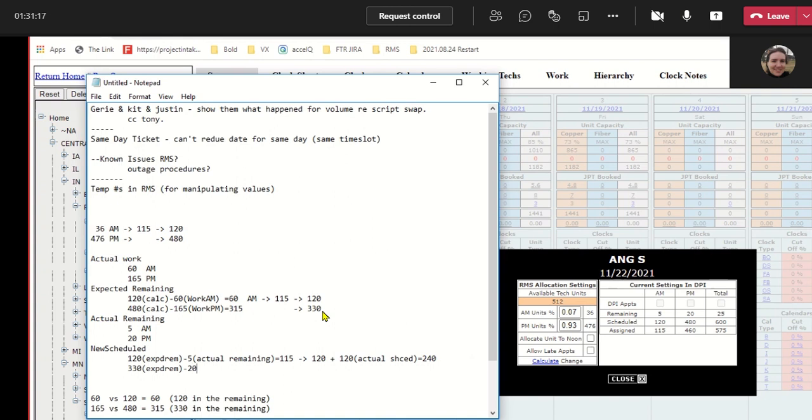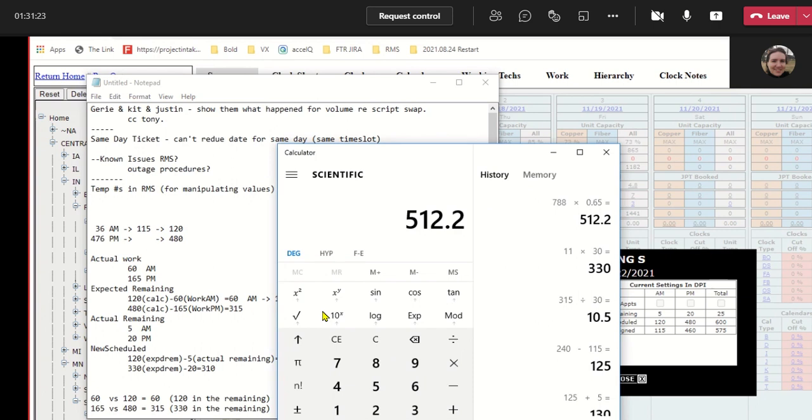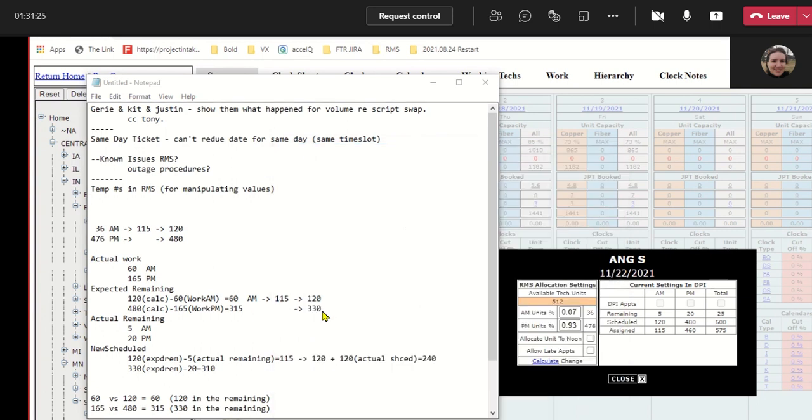And then we minus 20, we get 310. Let me just double check myself. We cannot have 310, so we go with 330. And so it would become 330 because of the rounding.